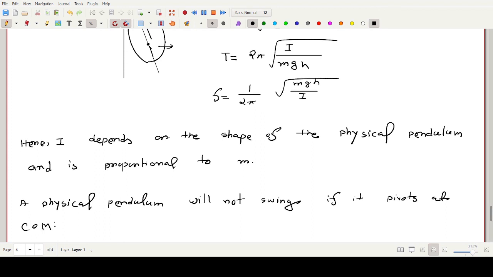In that case, h equals 0. Then the time period becomes infinite, which means such a pendulum will never complete one swing. Okay?